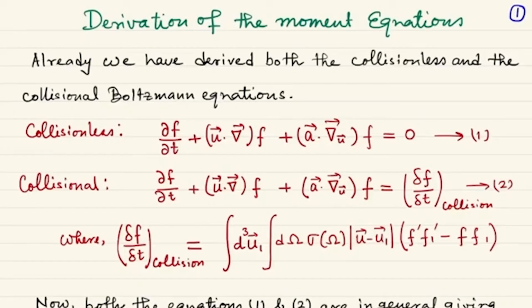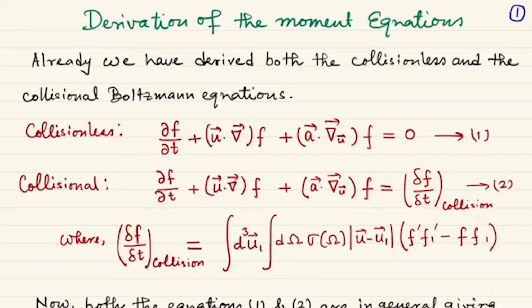In case of collisional systems, we have the same thing on the left hand side, but the right hand side gives us a collision integral, which symbolically we write as (δf/δt) with a subscript collision.